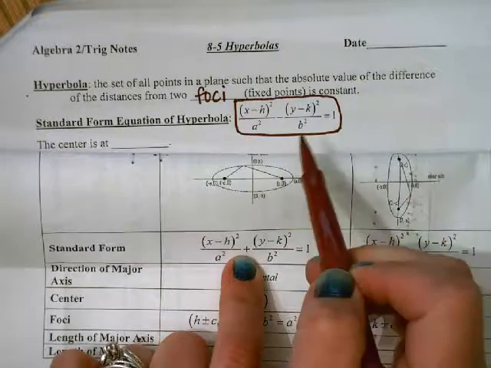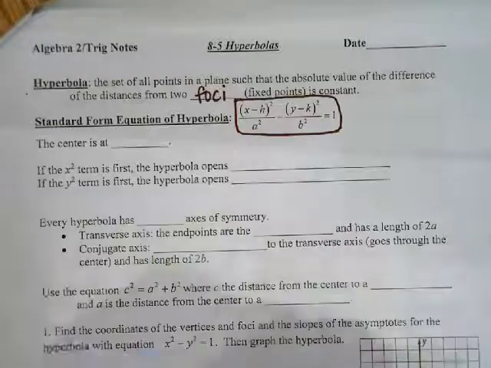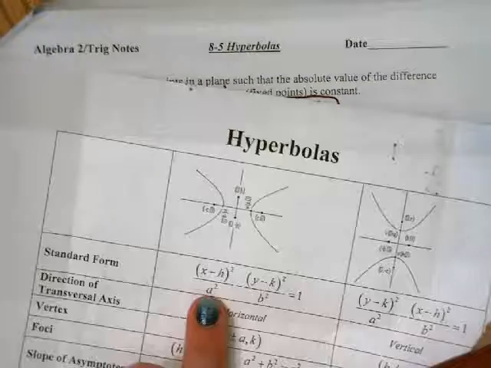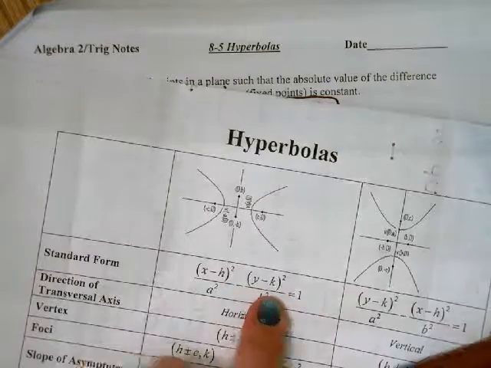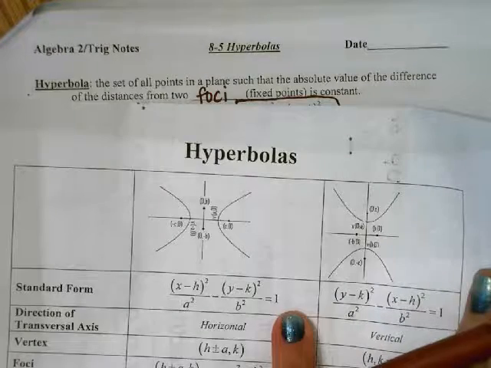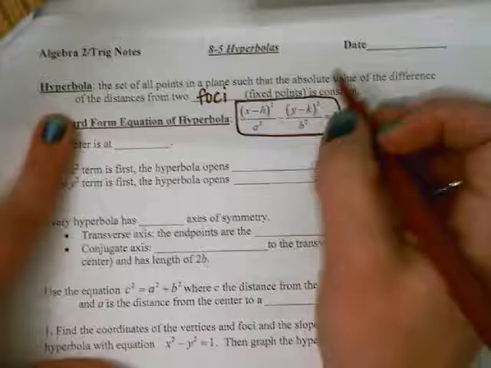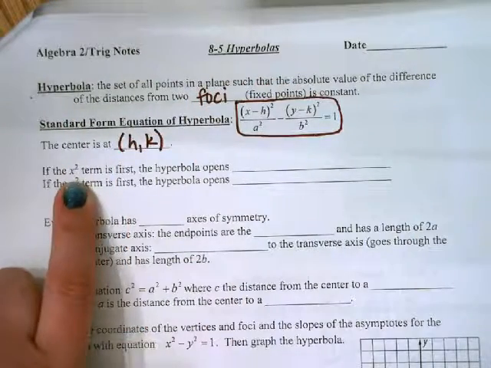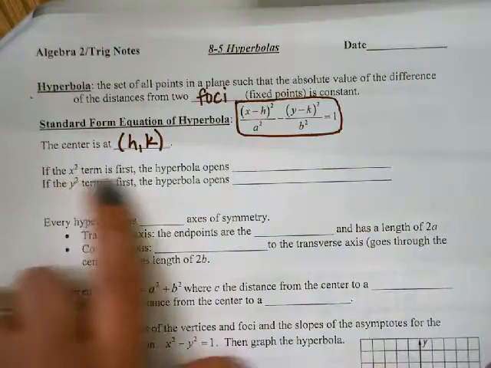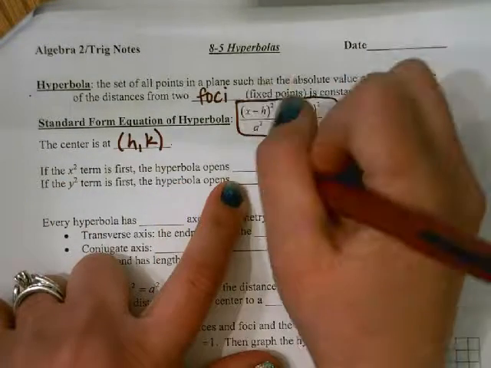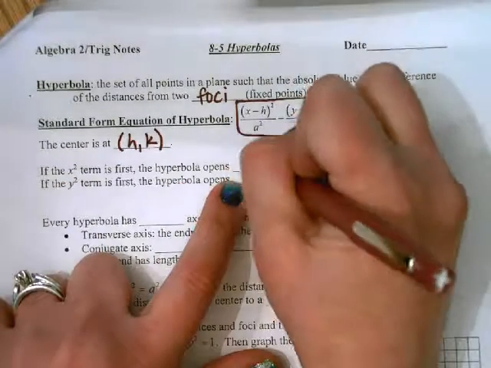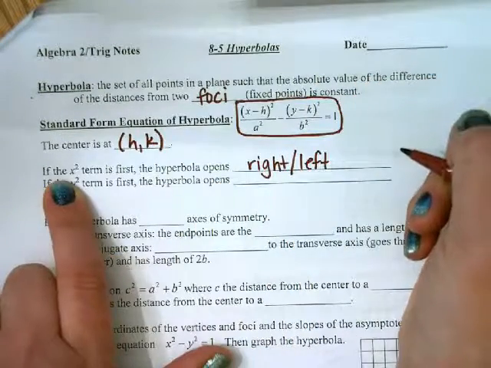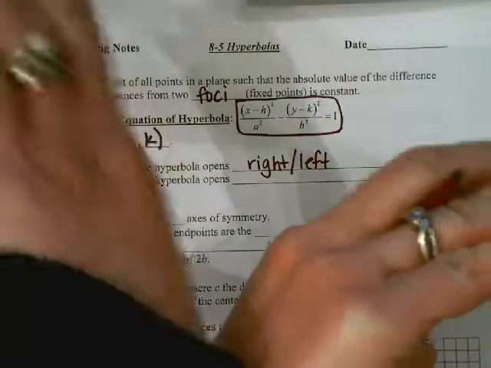The other thing I want you to notice is that with ellipses, I told you it didn't matter if we added x and y. There's a big difference between subtracting y from x and x from y. The center is still at h comma k, but if the x squared term is first, then this hyperbola is going to open to the right and to the left. So if it's x squared minus y squared, he's a sideways one.